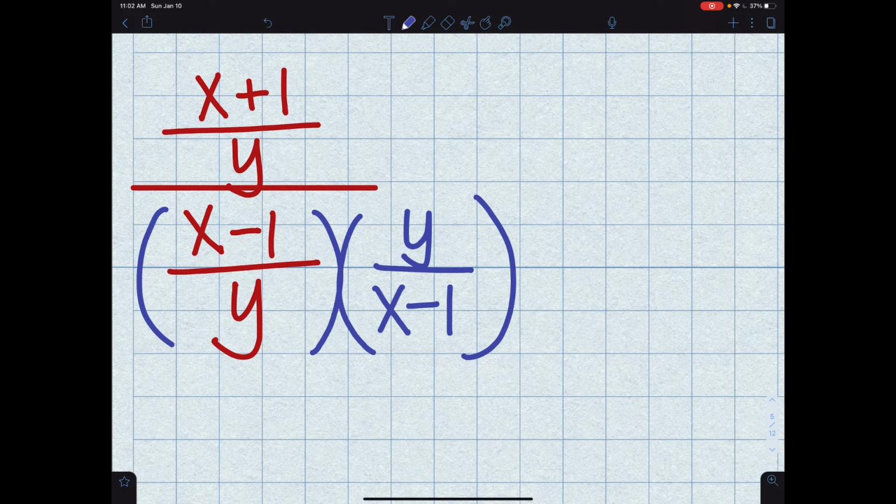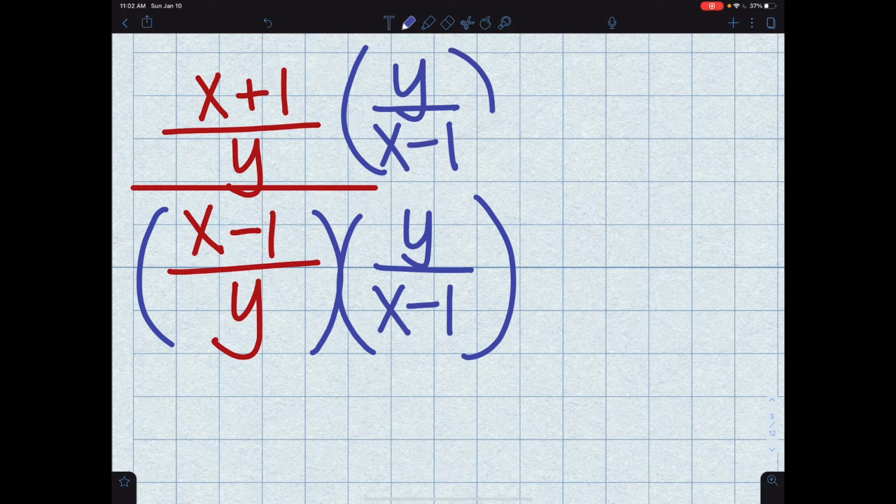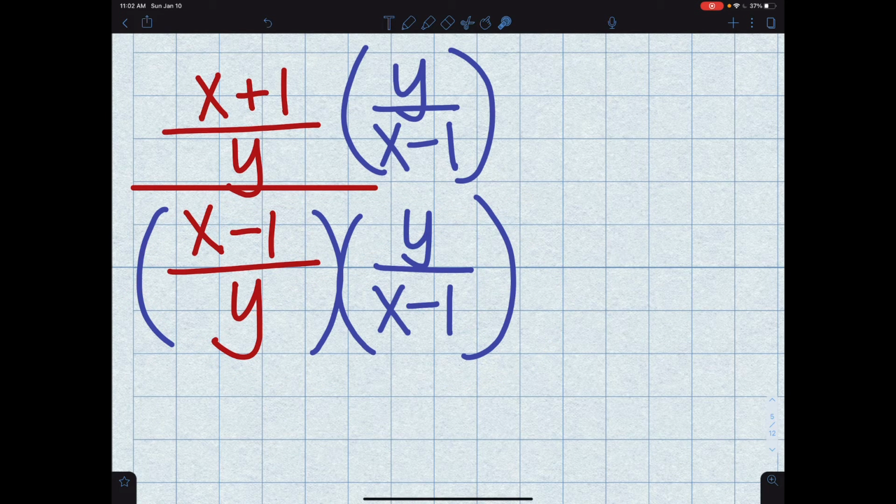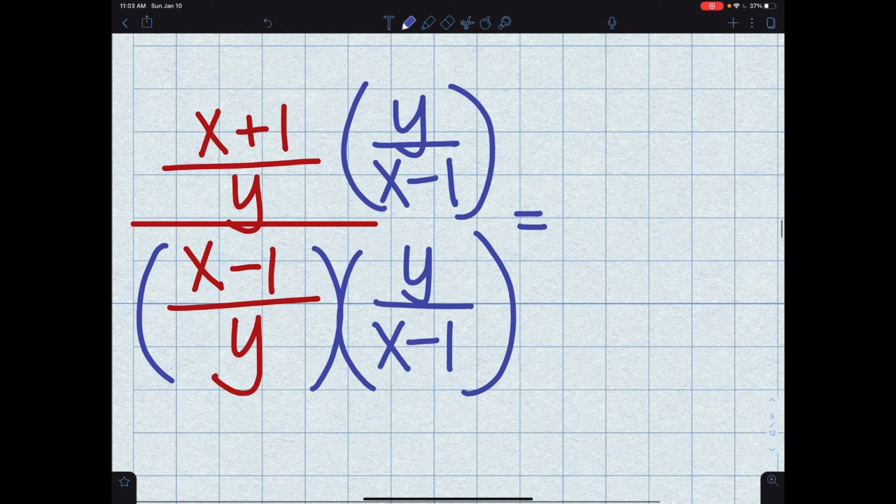Now I do that to the top, because you do the same thing to the top and the bottom. And then this whole bottom part just cancels out, because you've got a y here, you've got an x minus 1 here, an x minus 1 here. You can just cancel out that whole thing and it just becomes equal to 1. So that's easy. Now on the top, when you're multiplying 2 fractions together, you can just multiply straight across, right? So on the top, I'm going to have x plus 1 times y.